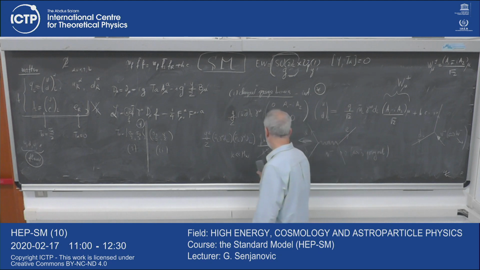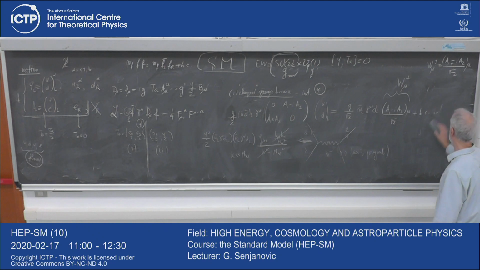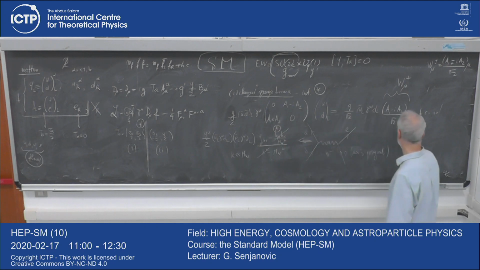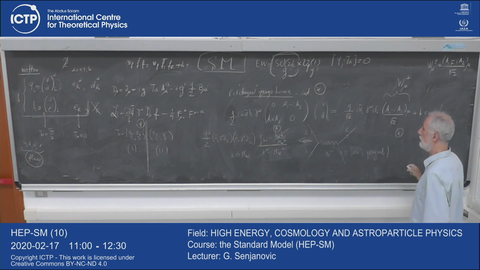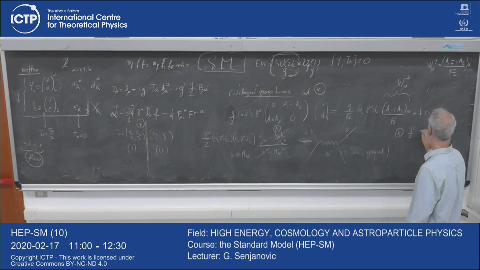No, let me write it nicely, completely. Let's write it here. This becomes g squared over 2 mW squared, UL bar gamma mu dL, EL bar gamma mu nuL.